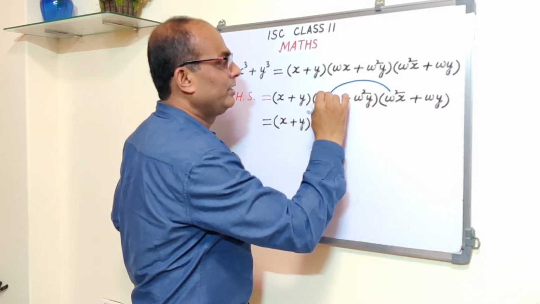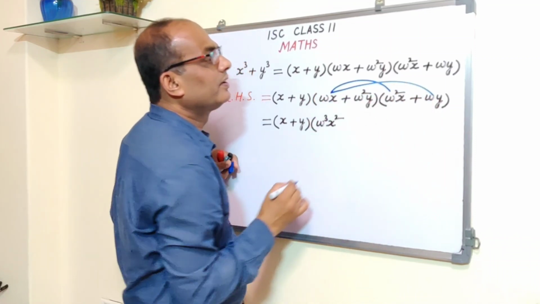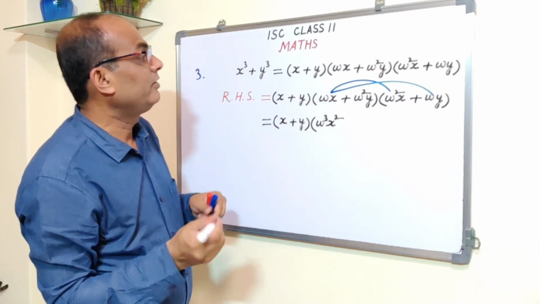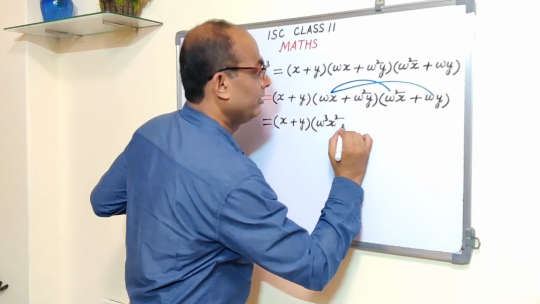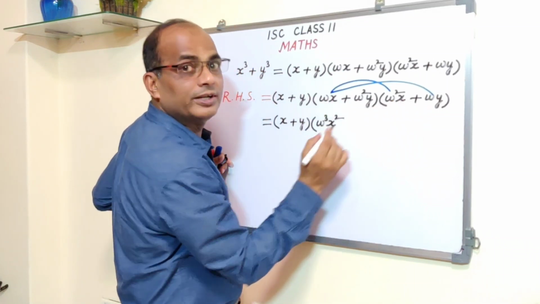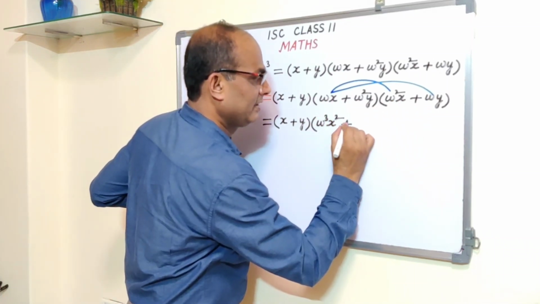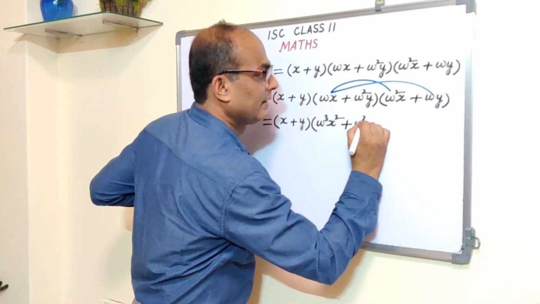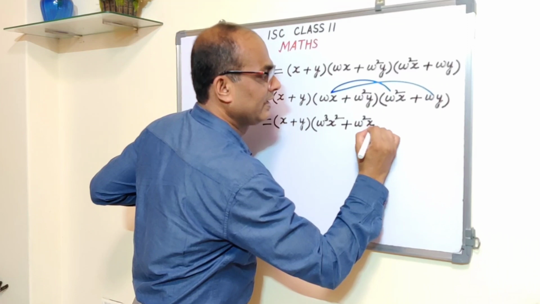Now with the same omega x we are multiplying this. So now we get how much? We get omega square xy plus omega square xy, right? Omega into omega is omega square xy plus omega square xy.